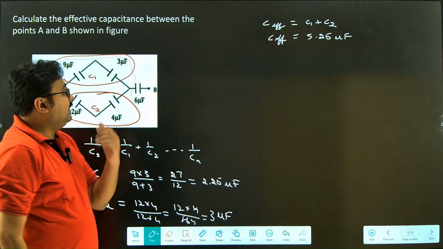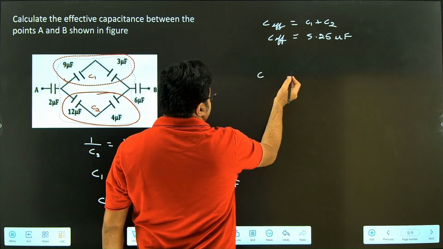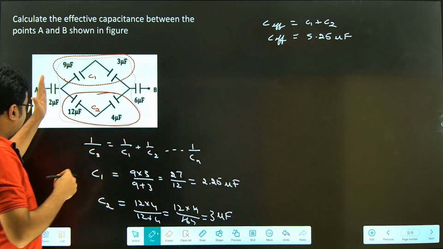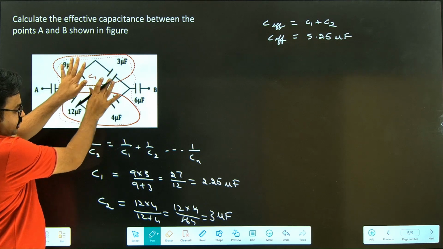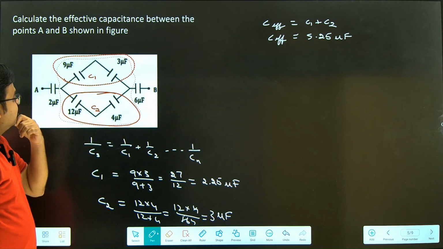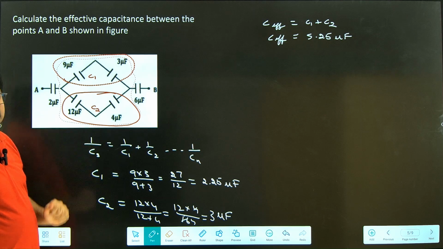The net capacitance has to be figured out, which is 2 microfarad in series with this whole thing. The whole thing is 5.25 microfarad, and then that is also in series with 6.